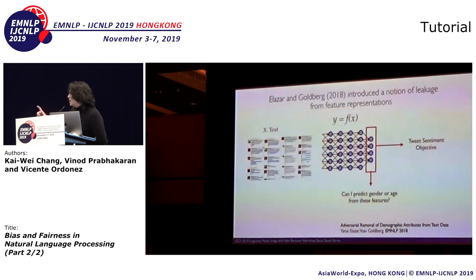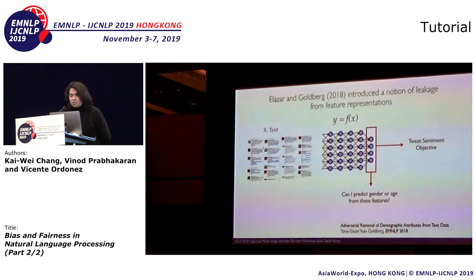And then they tried to predict the gender of the person writing this text, for instance, just based on the features, not on the original text. How much did the model preserve gender information in the features that it learned for a separate task, a task that is potentially unrelated to the problem of sentiment analysis? They found that they could predict the gender, or age, pretty well from the features. And so they call this gender leakage, or just leakage.